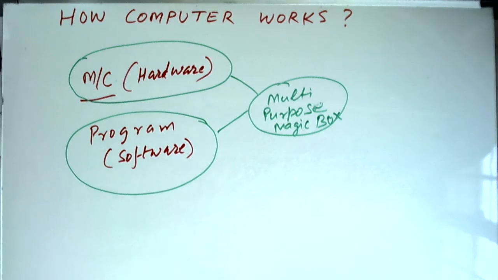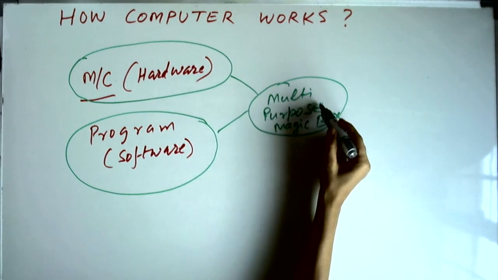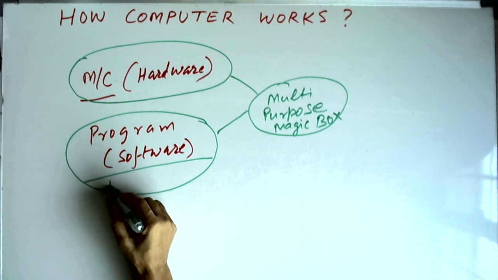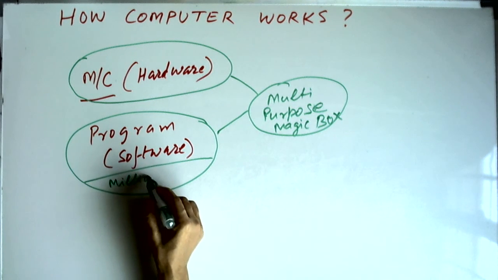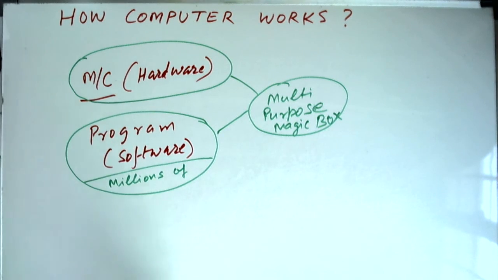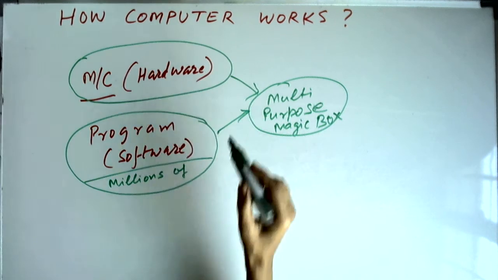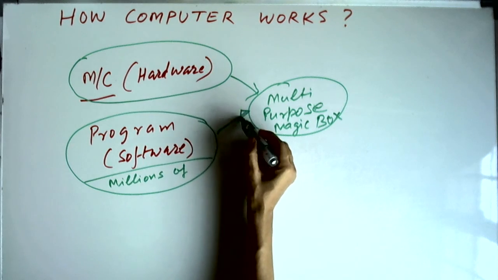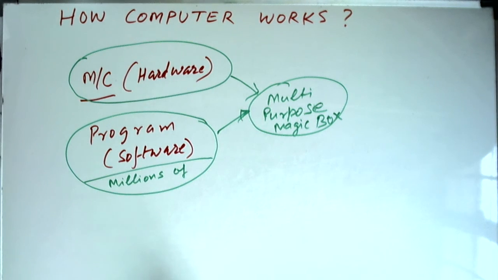And the reason why this combination makes it a multi-purpose magic box is because there are millions of programs now. Previously, like 10 years ago, there may be some thousands of programs, then lakhs of programs. Now it is millions of programs. And every day people are writing more and more programs, and the machine is becoming more and more capable.